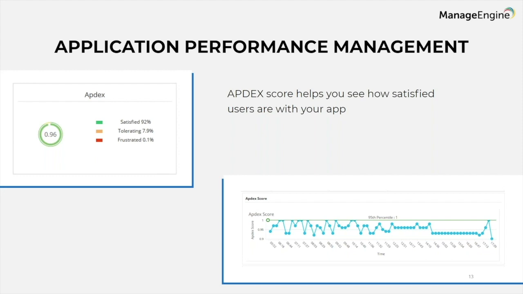That is how well your application is performing. It is pretty simple because the information we show is based on three counts: satisfied, tolerating, frustrated. The application stakeholder has to ensure that the satisfied user count is always high, which means that your application is performing well. And there is a backend calculation on how we calculate this AppDex score.